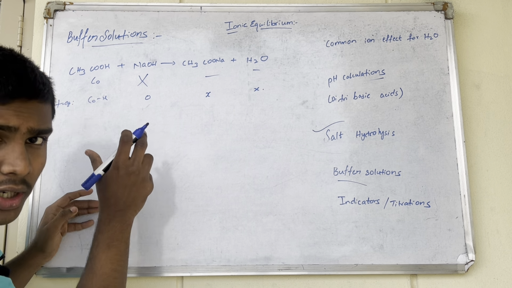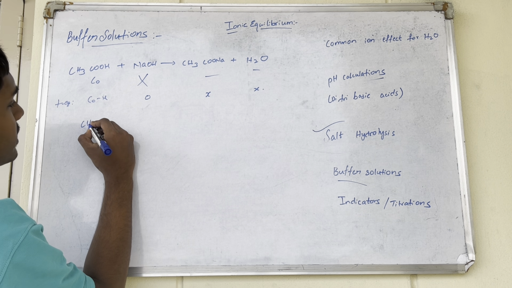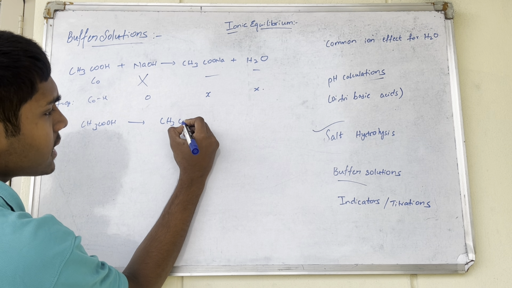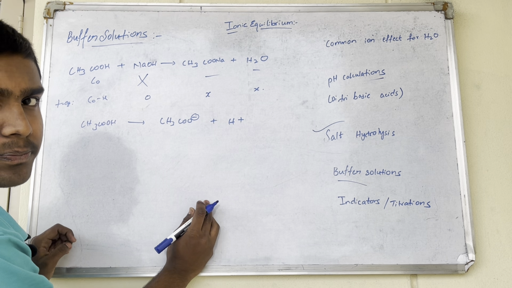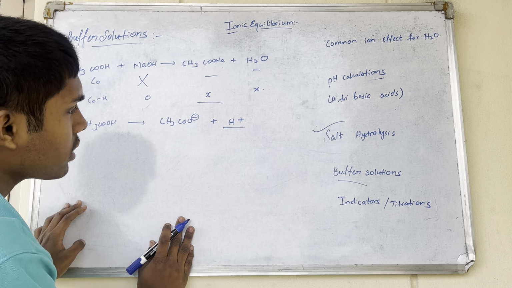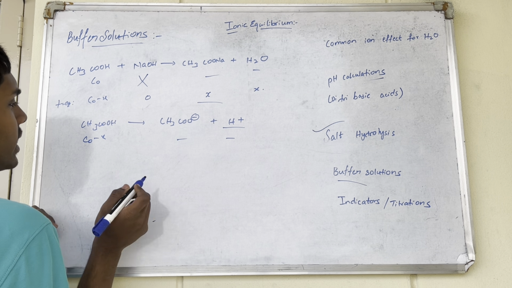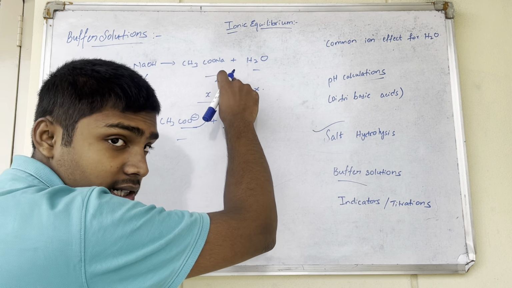Since some acid is left out, again this will dissociate in water, correct? So CH3COOH will dissociate as CH3COO minus plus H plus. While contributing to pH, both will contribute. So this is going to be C0 minus X, and this is 0, 0 initially. It is also going to form a salt which will increase its concentration.